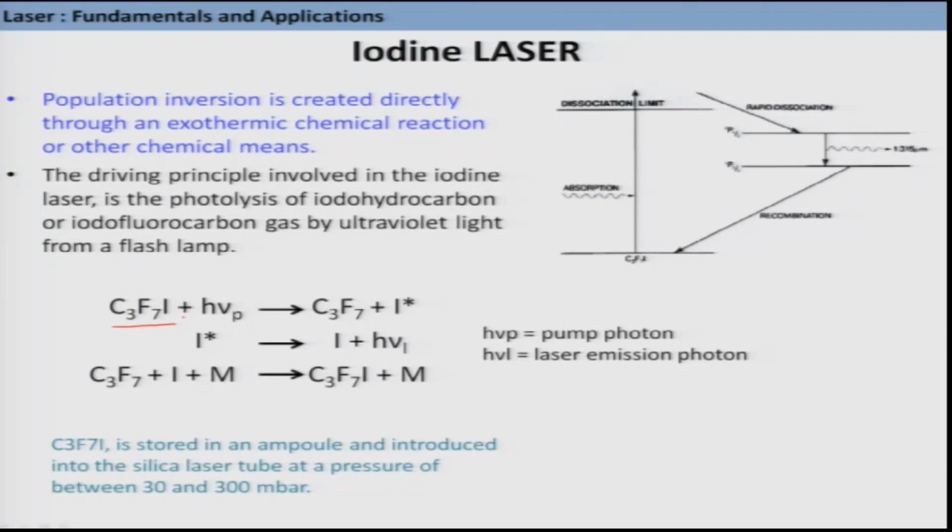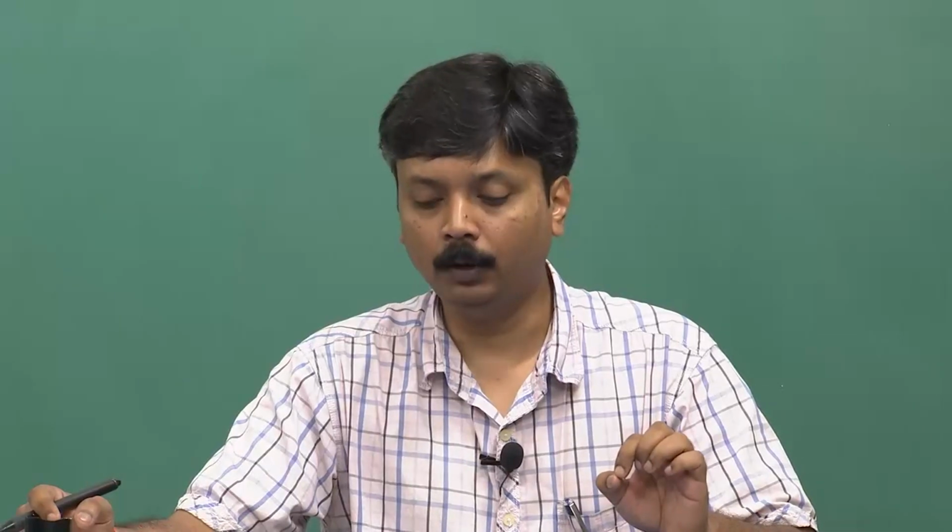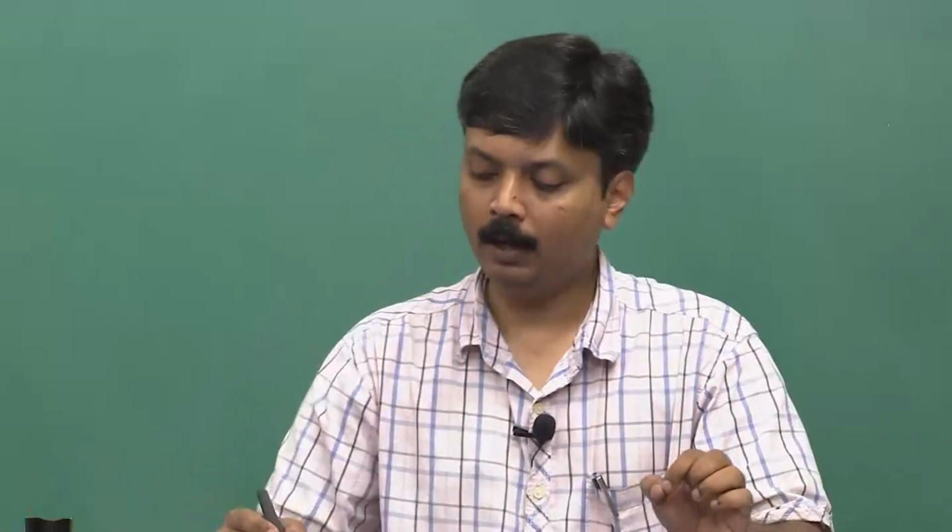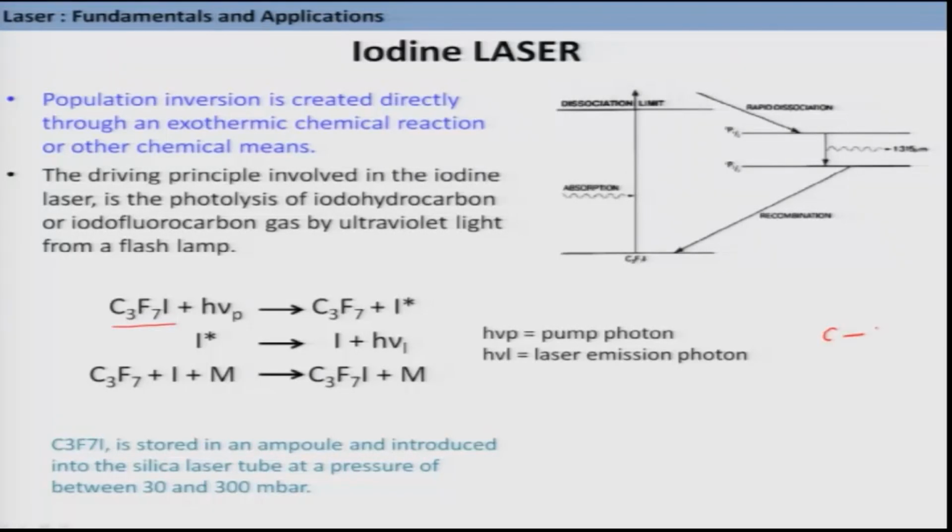Now this molecule you have to excite so that it gets dissociated. Your aim is finally to have the C-I bond dissociation. So you have to go from here to C and I.